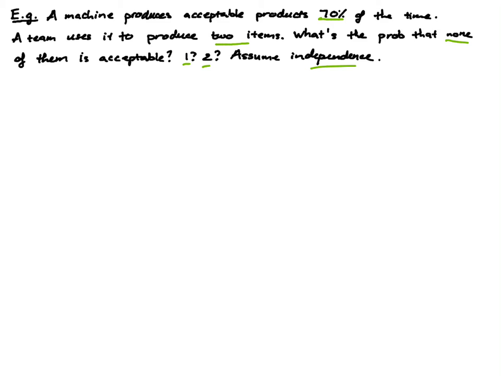Now let me go ahead and first denote. So let A denote an acceptable product, and then let D denote a defective product. Okay.